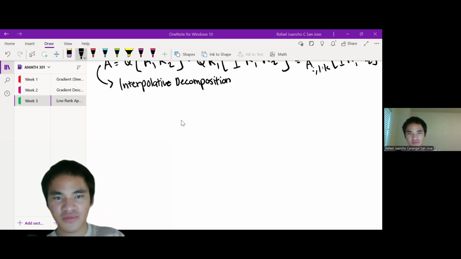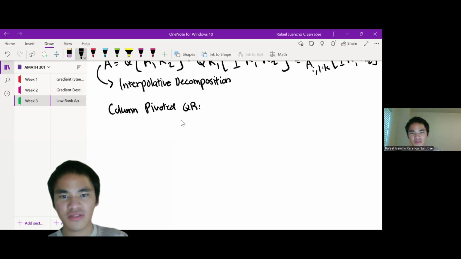Okay, so then we do a column pivoted QR. And so what does this mean?